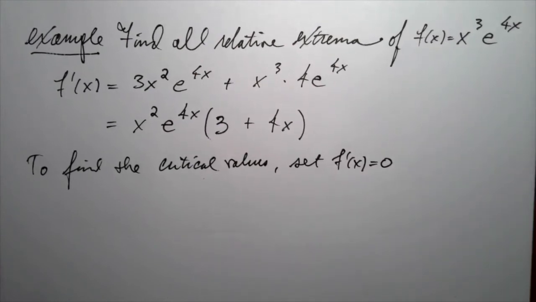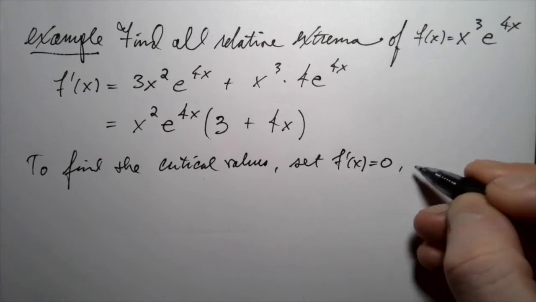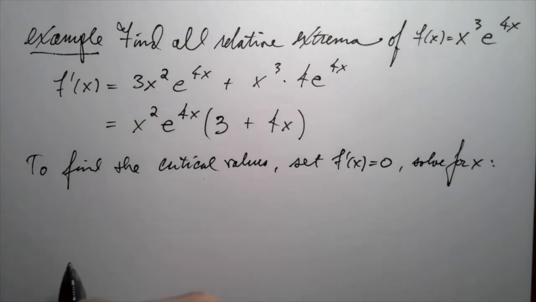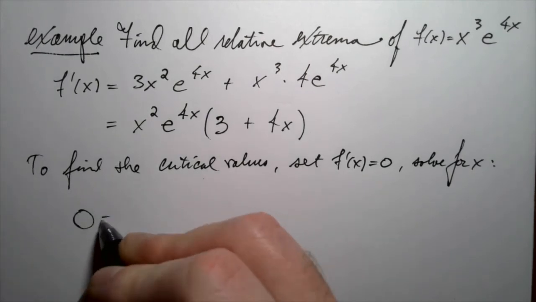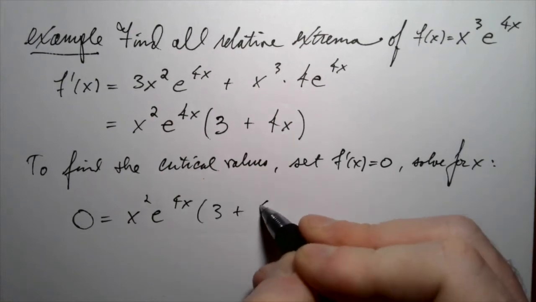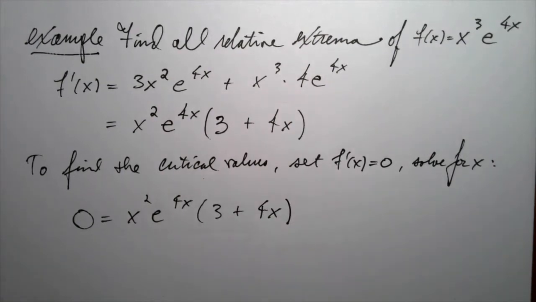Critical value means the derivative is 0, so you want to figure out where that happens. And then you solve for x. Here we go. So we're going to set this expression, x squared e to the 4x times 3 plus 4x, equal to 0.